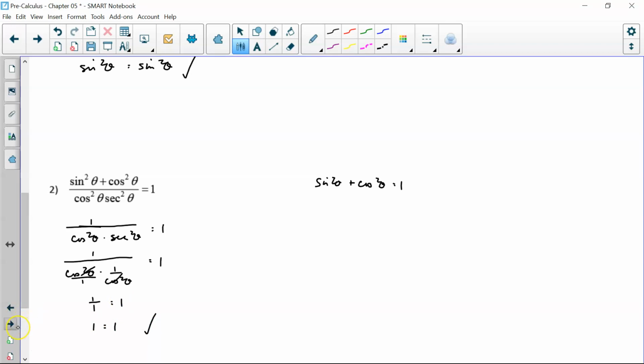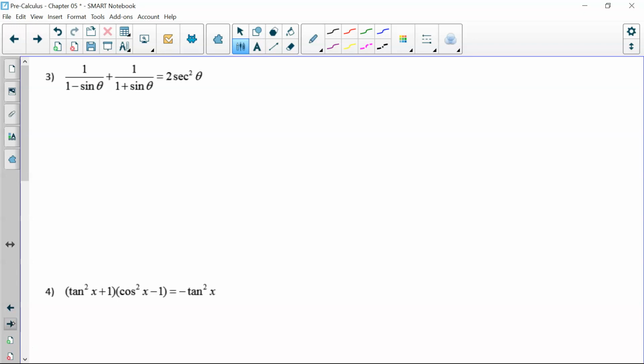Let's try another one. Now, when I see a problem like this, if you look, we're adding those fractions. We need a common denominator. Now, when I see this, I'm looking at 1 minus and 1 plus. Those are conjugates. When I see those conjugates, I want to multiply them by each other. So I'm going to multiply the first fraction by 1 plus sine theta over 1 plus sine theta.